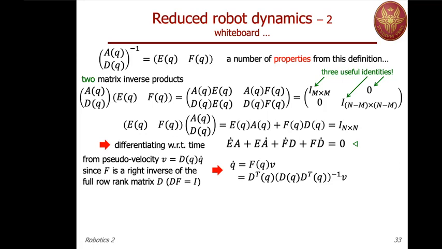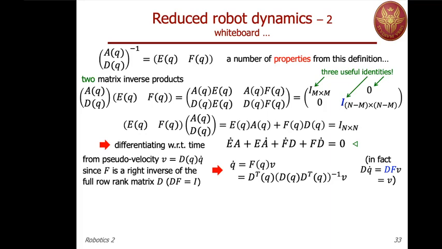And we can verify this if we substitute this expression of q dot into the original v equal D times q dot, and we obtain D times q dot equal D F v because of this pseudo inversion.